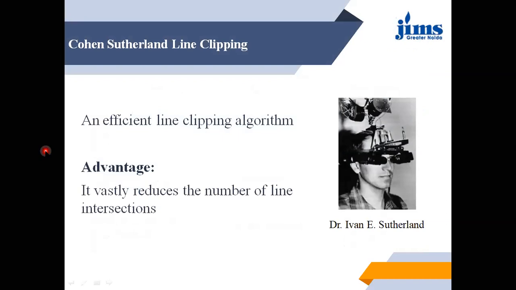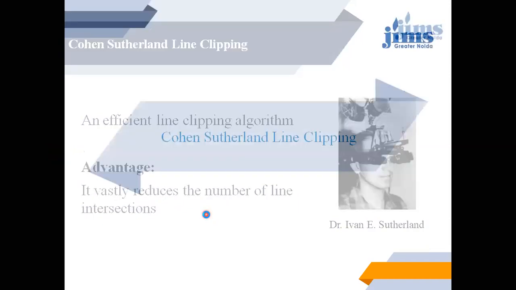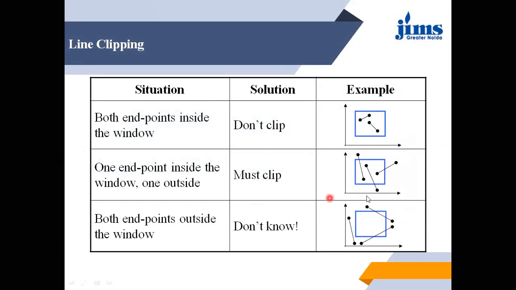This is a very efficient line clipping approach and it is vastly used because it reduces the number of intersections of lines with the plane. As you can see in the last diagram, in this there is one intersection, in this there is another intersection, in this there is another intersection.